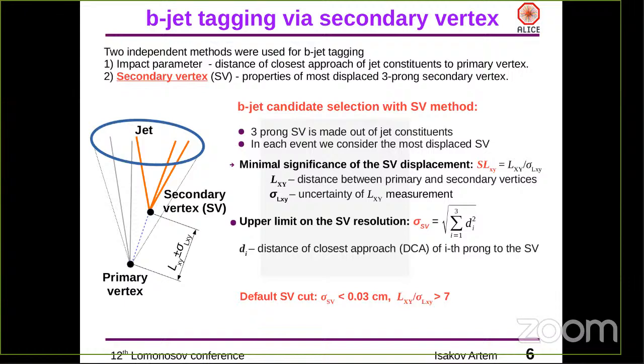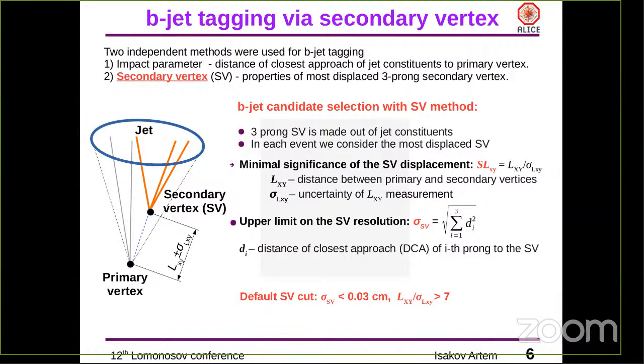The second variable is the upper limit on the SV resolution, which is just the square root of the sum of distances of closest approach for each prong to the SV. And on this slide, you can see our default SV cut: the upper limit is less than 0.03 centimeters and the significance is more than 7.